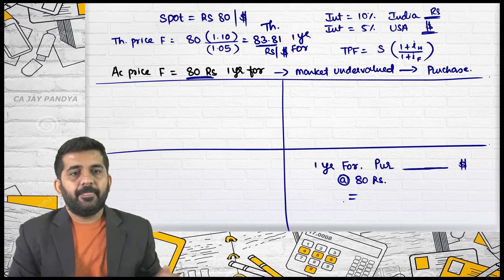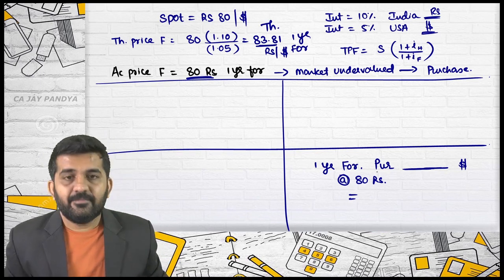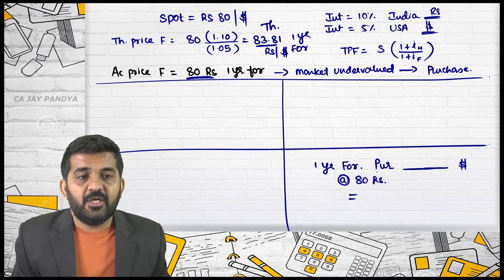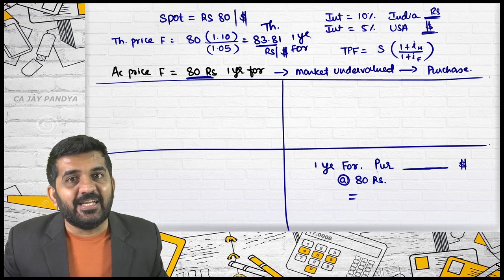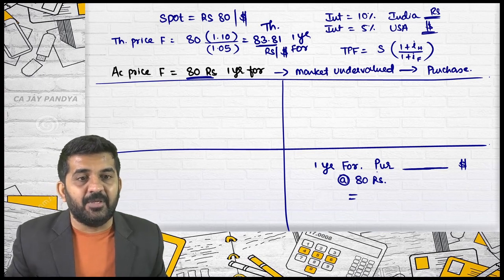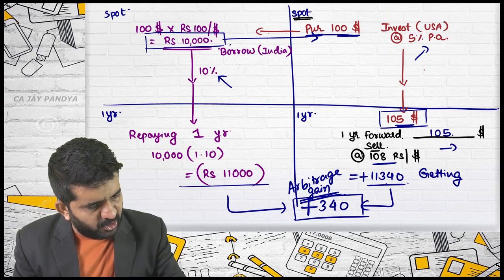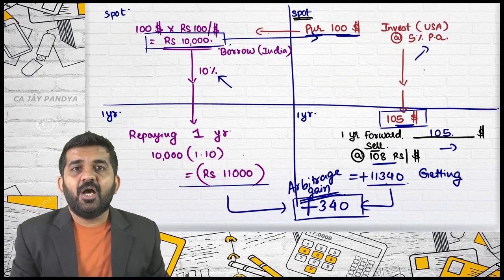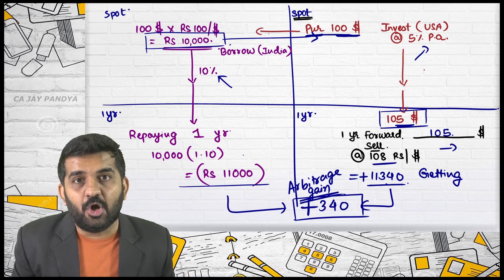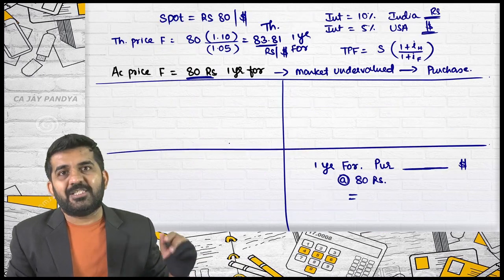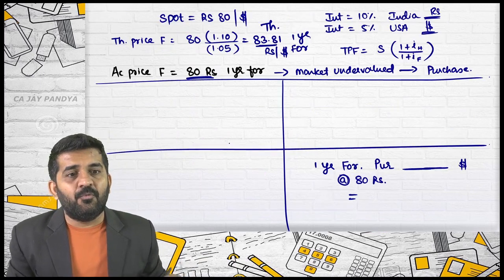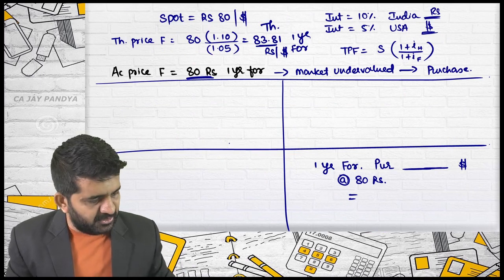Is it alright? For doing this, in the spot, I should be selling dollars. See, in the previous example, was I purchasing dollar? Yes. Then here, I should be selling dollars. But to sell the dollar, I'll have to first borrow the dollar.